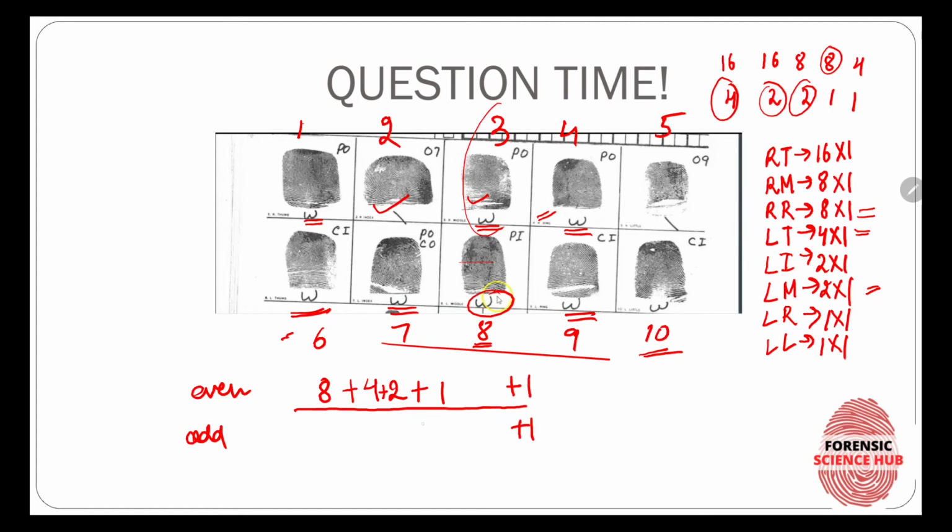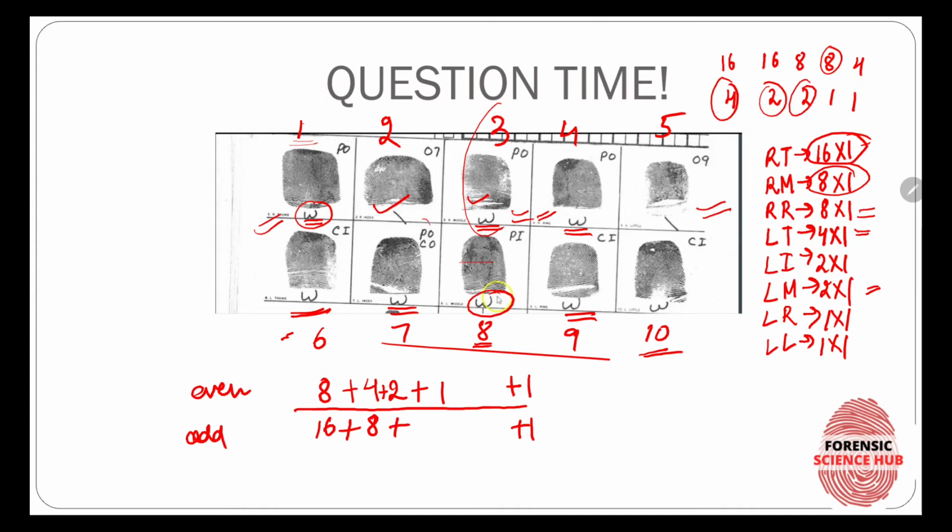Let's go on to all the odd number fingers. So for that we start from 1. We are having a whorl, so yes, we'll count it, and that is 16 value. So 16 plus, then we go on to the third one, which is a right middle finger, giving a value of 8. Then 5 is having no whorls, we'll leave it there.